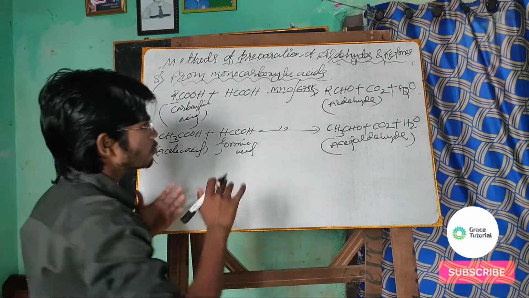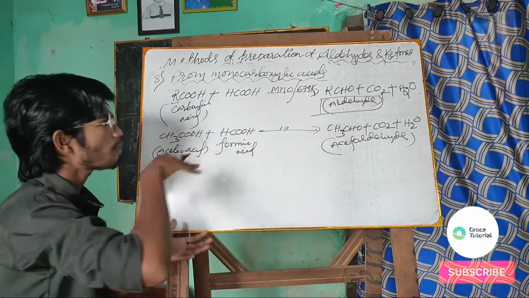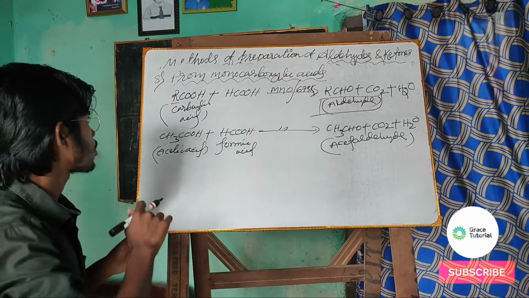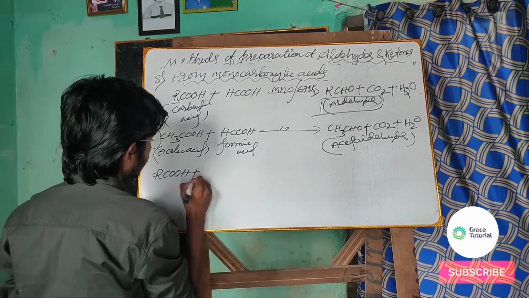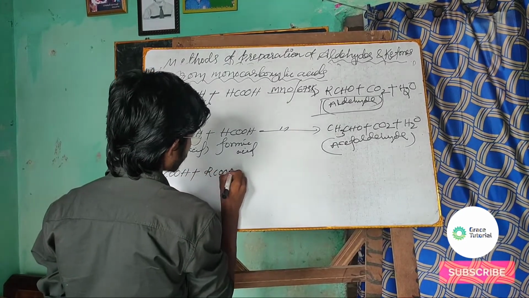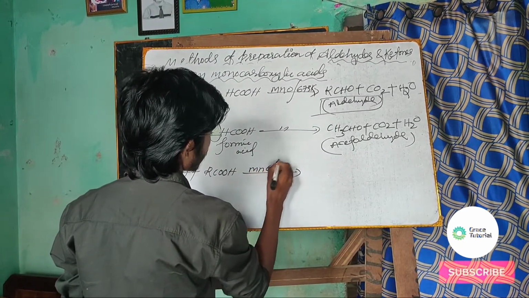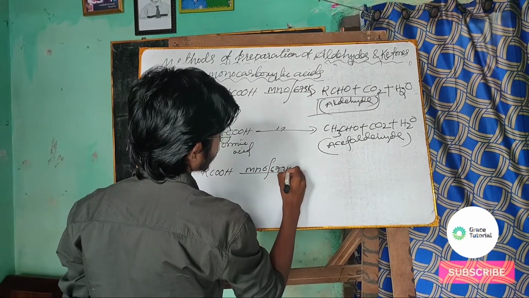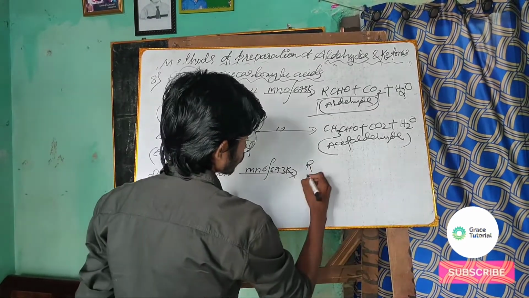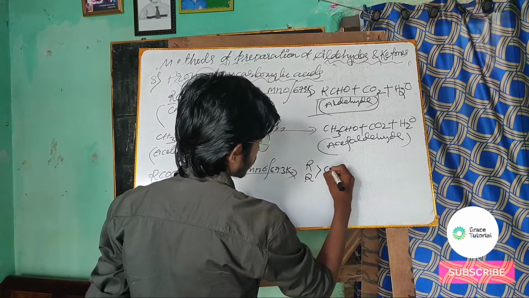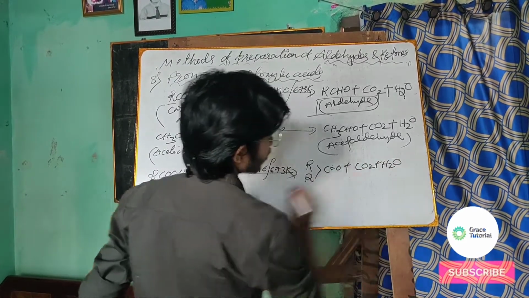Using this method we have prepared the aldehyde, but how can we prepare the ketone? That is one of the most important points. If I take both carboxylic acids, RCOOH and RCOOH, using manganese oxide at 673 Kelvin, since two R's are there, the ketone is obtained, R2C double bond O, along with carbon dioxide and water.